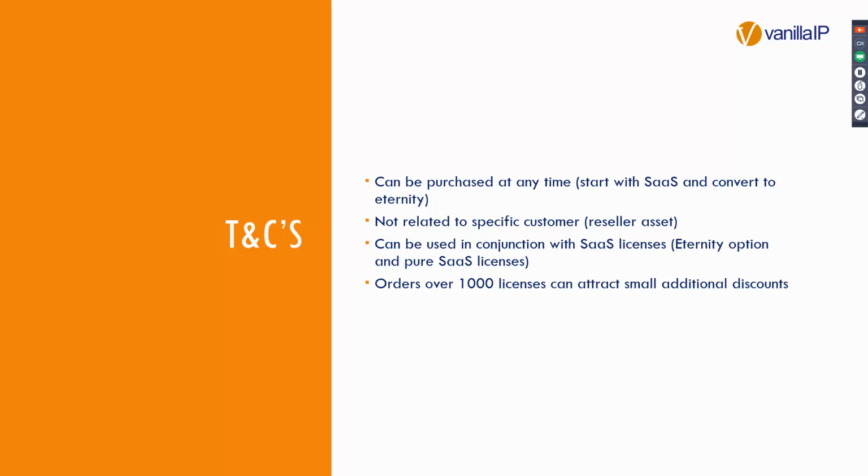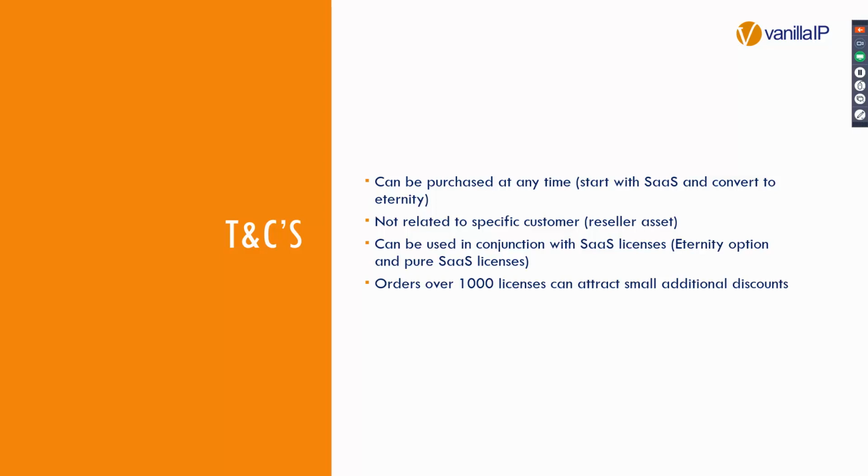So if you started off working with us on a SaaS model, a month-by-month model with your Eternity license, with your smart user licenses, you could make a decision downstream that it is a good time to invest, use working capital to invest in a longer term return, and you can buy Eternity license at that point.